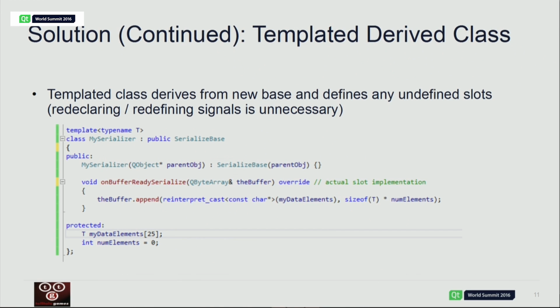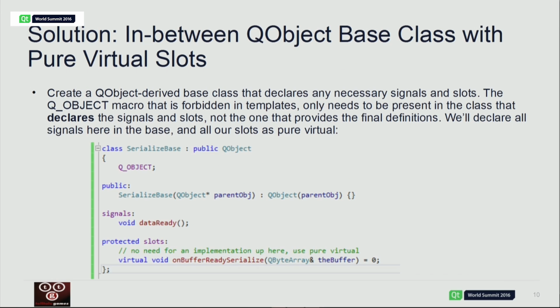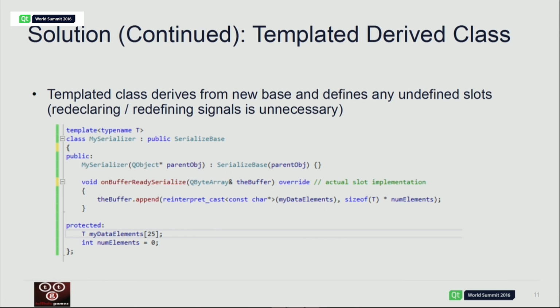So if we look at the derived class, which actually is a template, it's MySerializer. It now derives from that serializer base that we just created. The serializer base pretty much does exactly what you think it does. So now it's got onBufferReadySerialize, which we declared briefly here, as we saw, as pure virtual. So now we're giving it substance.